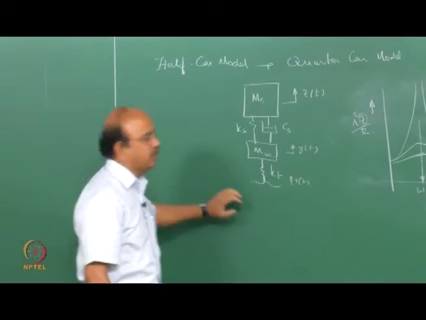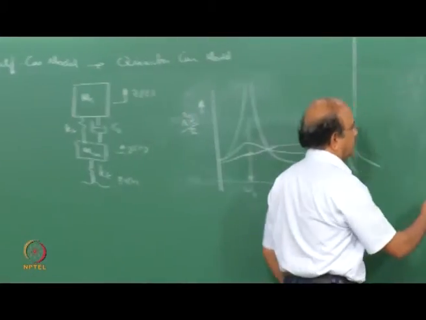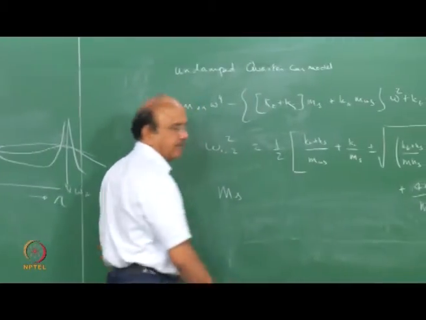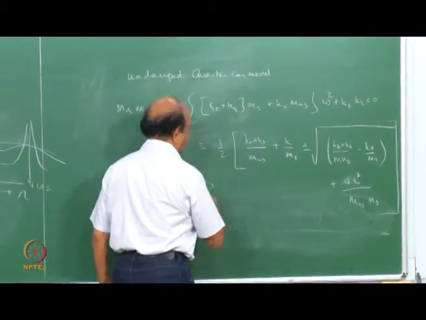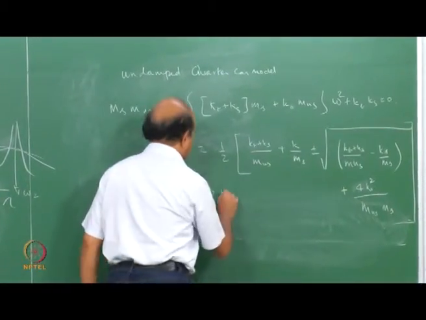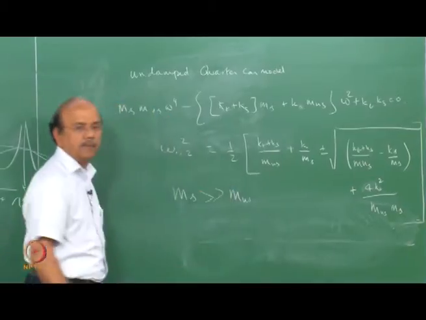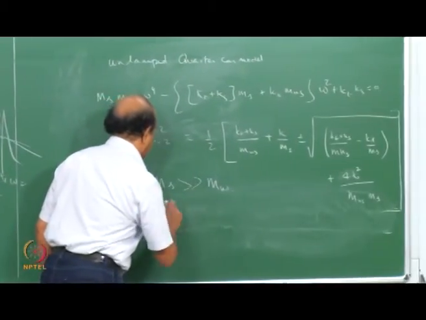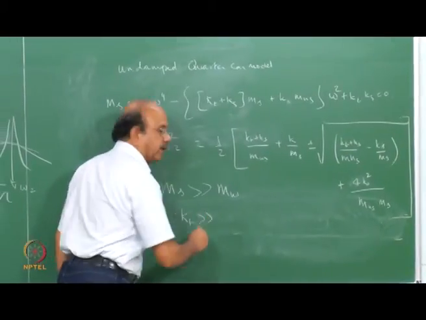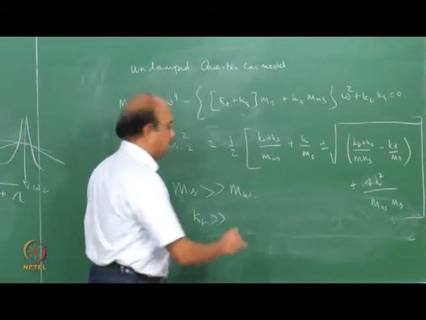For example, the first thing we observe is that the sprung mass is far, far greater than the unsprung mass, and the tire stiffness is far, far greater than the Ks.